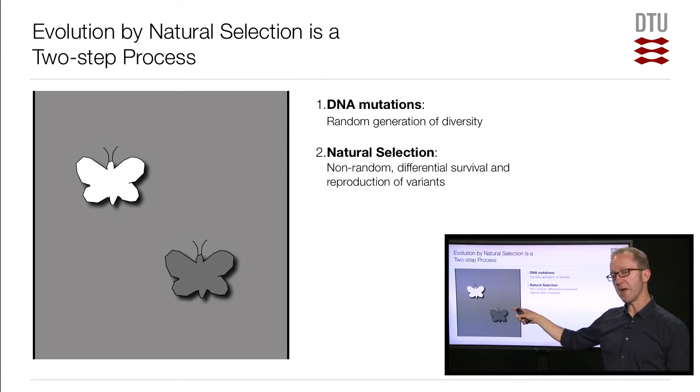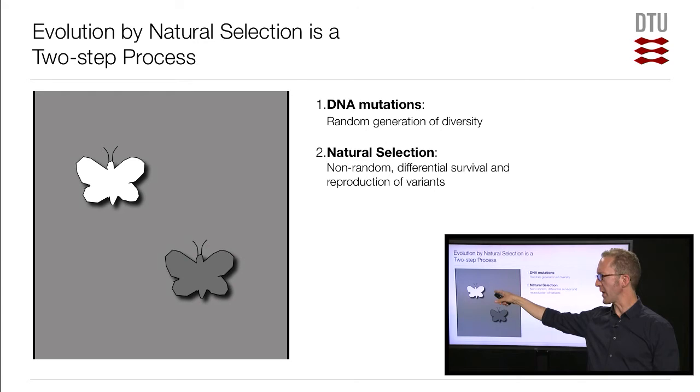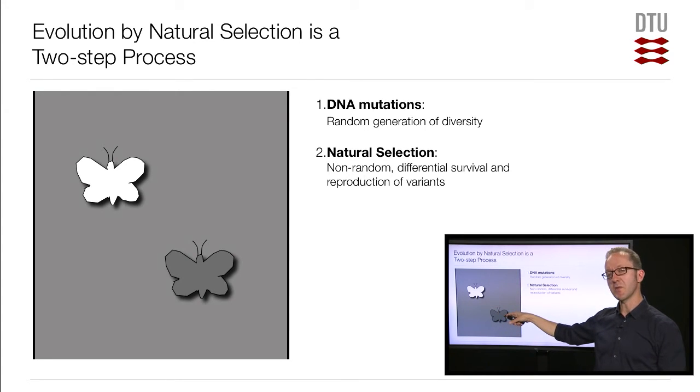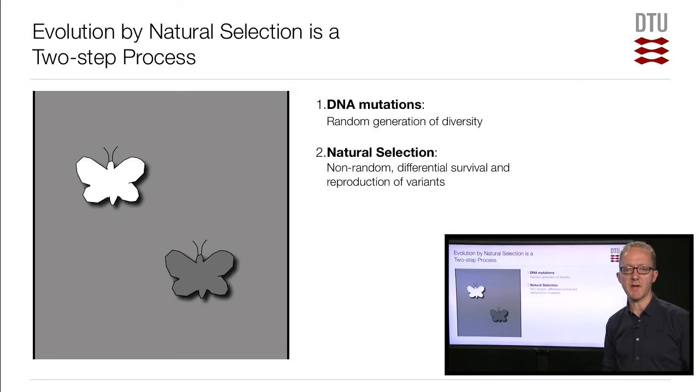Again, birds will fly down. It will be easier to spot the white-winged versions than the dark-winged versions. So most of the dark-winged butterflies will probably survive. Let's say 9 of the 10, for instance, survive one extra generation to have offspring of their own. Each of these, again, gets 10 offspring, and we now have 90 dark-winged butterflies.